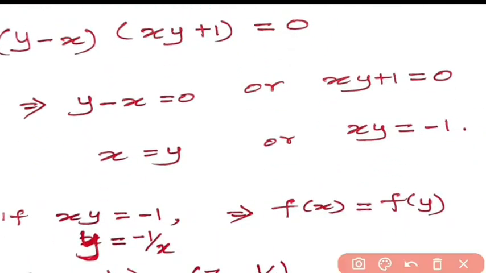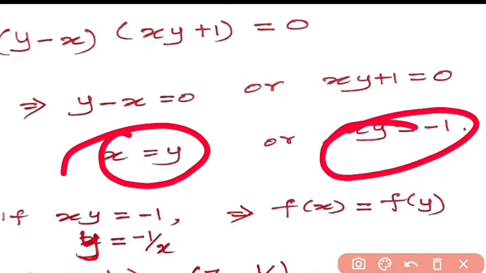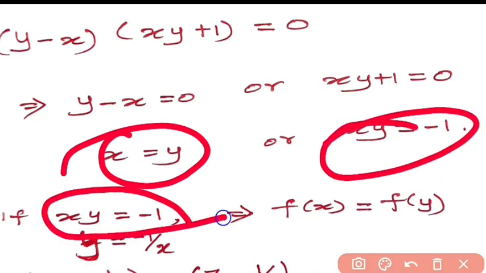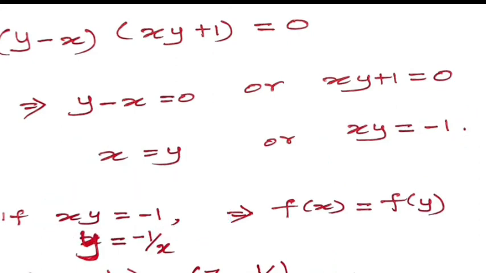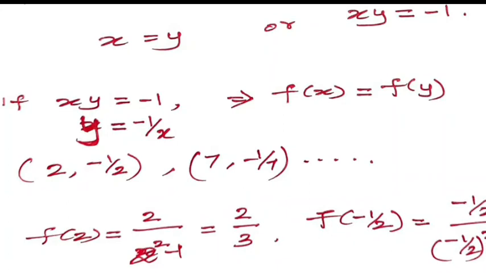So from the first equation we get x equal to y, but we have another term, x into y equal to minus 1. So x into y equal to minus 1 means y equal to minus 1 by x, which implies that f of x equal to f of y.